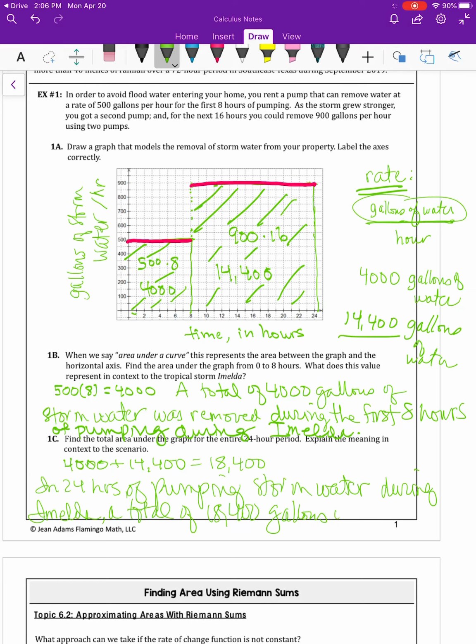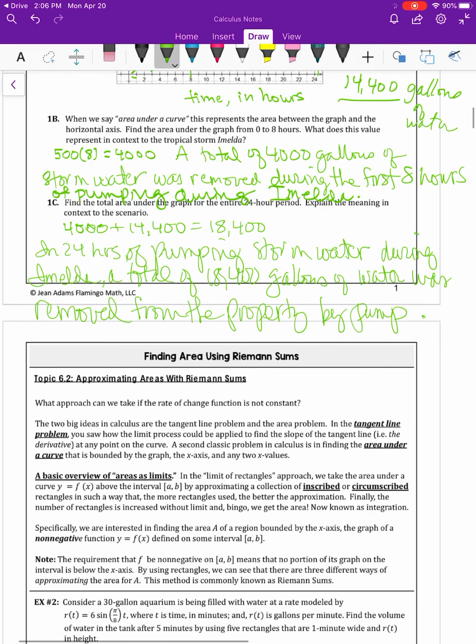We want to be very specific, so that for this particular situation, a total of 18,400 gallons of water was removed from the property by pump.